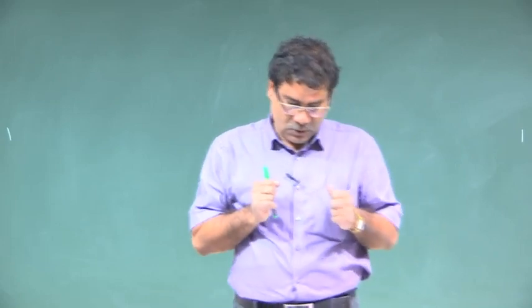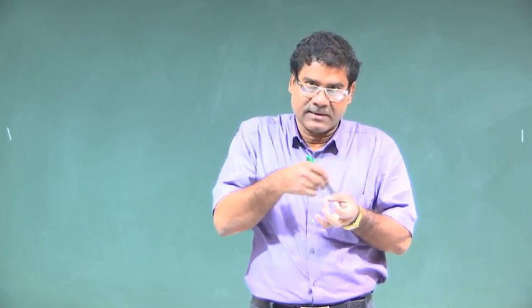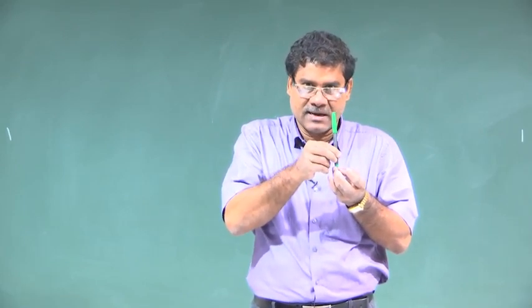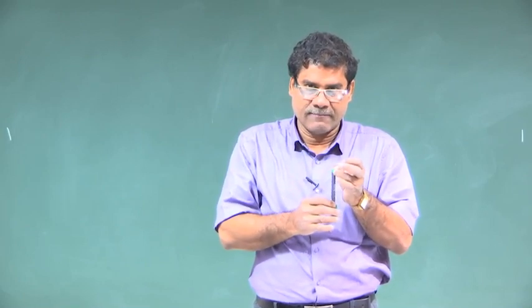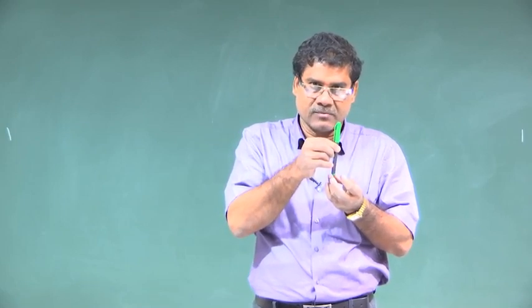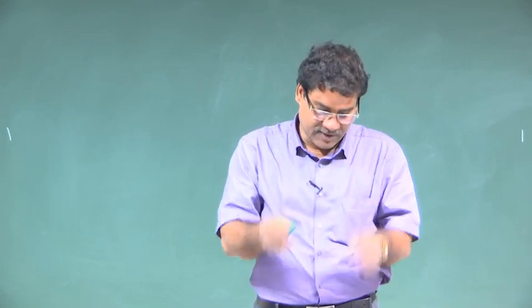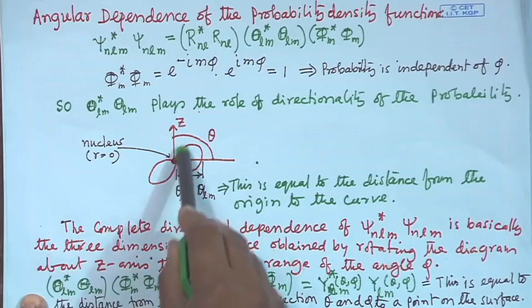So, phi can change from 0 to 360 degree, whereas theta, measured from the z axis, can change from 0 to 180 degree. When we change theta from 0 to 180 degree, the probability density varies like this with theta.